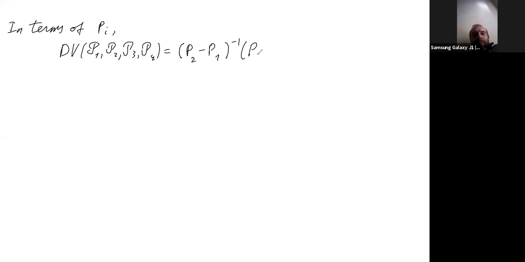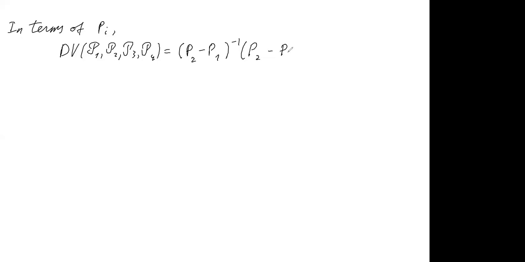P2 minus P3 times P4 minus P3 to the power minus one, and times P4 minus P1. If you want, I can spend some time proving this, but it's not very hard to just think about what it means to be equal to a projection. And then it is straightforward to write down this formula very quickly.